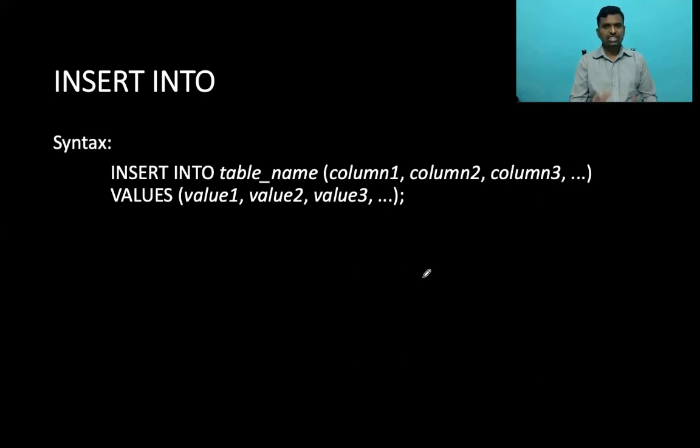Insert. Now here it is not only insert, it is insert into. Together it comes. The syntax goes like this: insert into table name, which is created by me, followed by the columns. So for example, if I want to insert only for the first 3 columns, employee ID, name, and address, I'm going to neglect city.